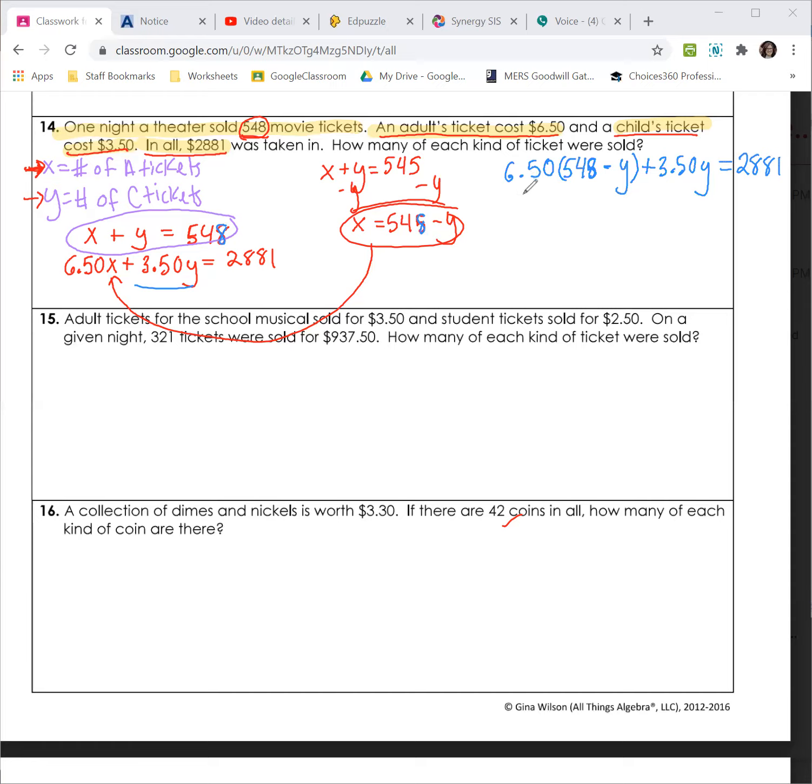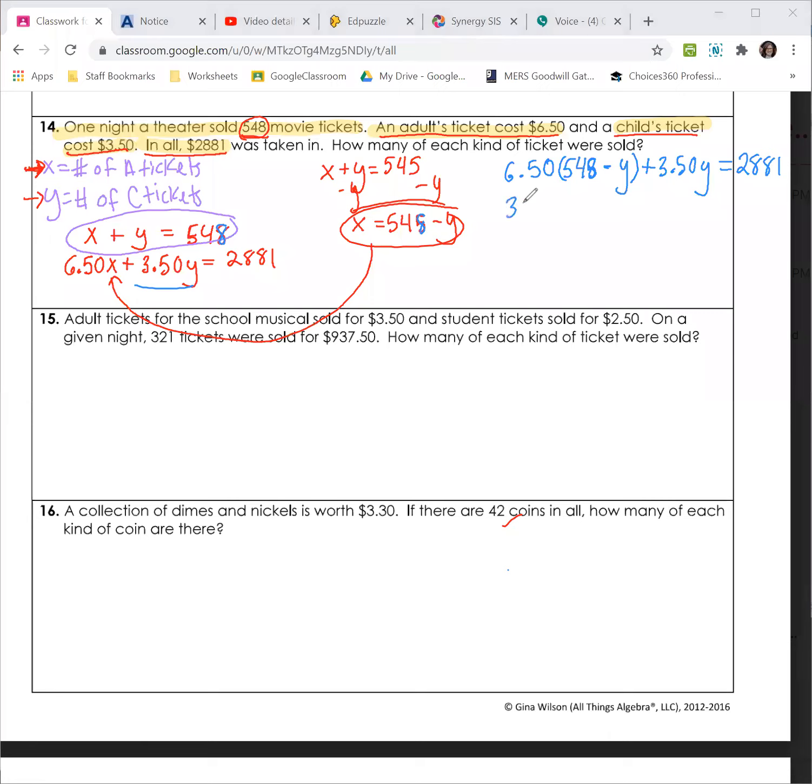So when I distribute here, I have 650 times 548.